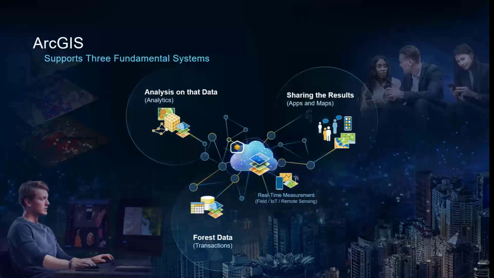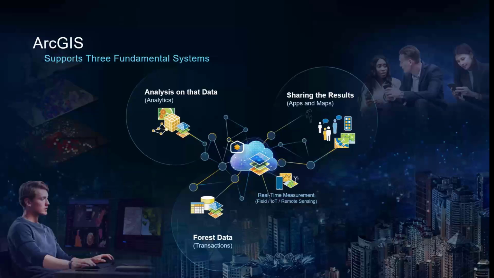ArcGIS supports three fundamental systems in forestry. First, a system of record keeping. This is your core forest data, including forest inventories, stand delineation, and property boundaries. Second, the analytics you perform to explore or analyze that data. This includes using models, imagery, and biometrics with your forest data to understand, plan, and predict activities.